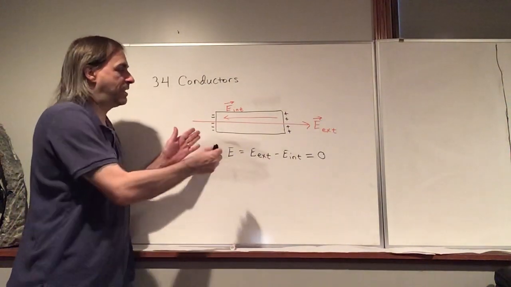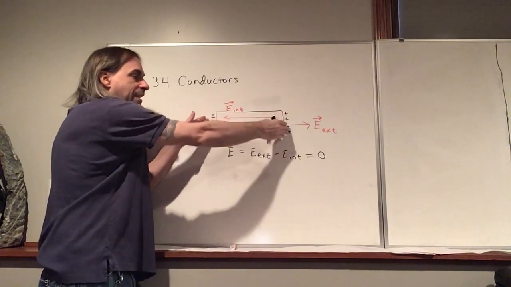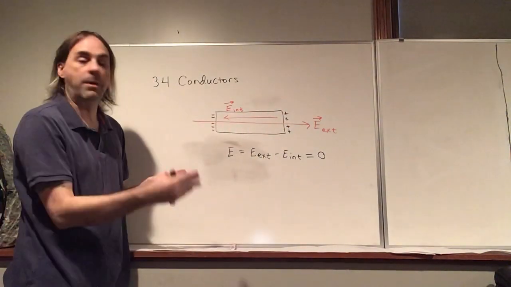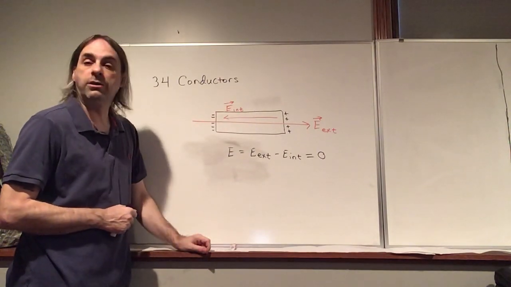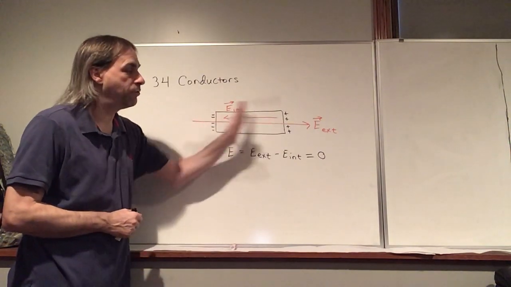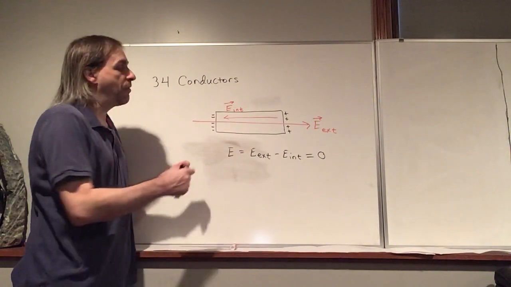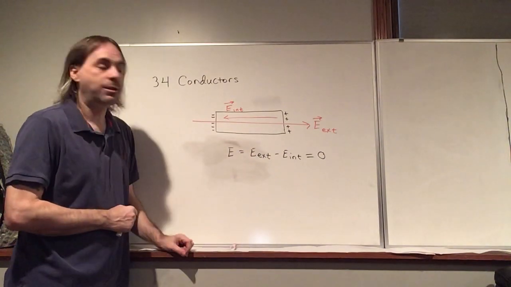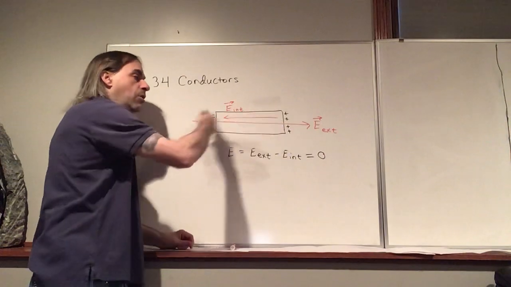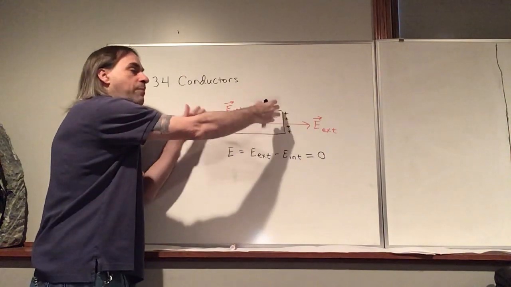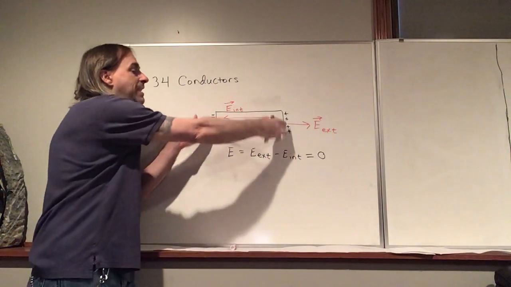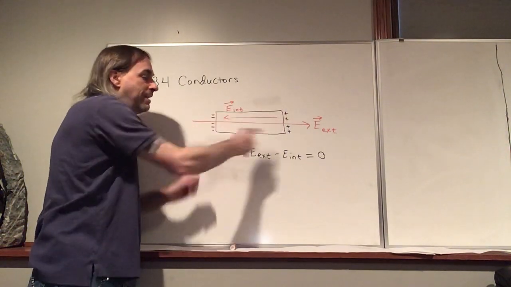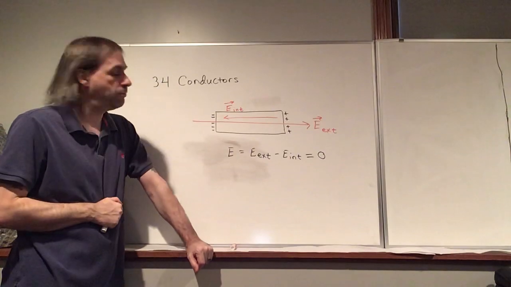Initially you get small charges building up on the edges, which result in a small internal electric field, so there's still a net field pointing to the right. But the longer that condition exists, it continues to cause the charges to separate and build up this internal field. So the charges will continue building up on the edges until the electric field is 0.